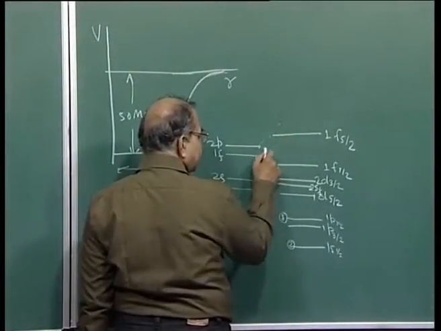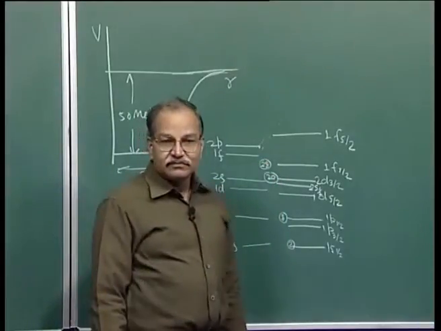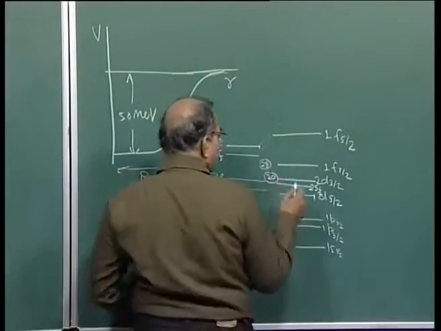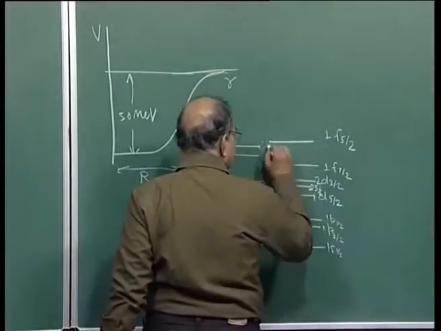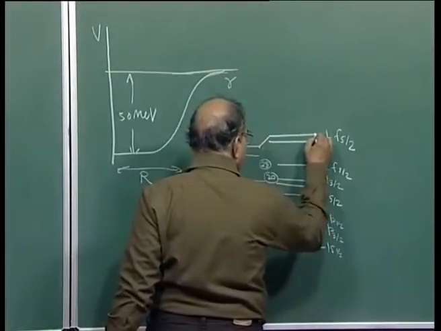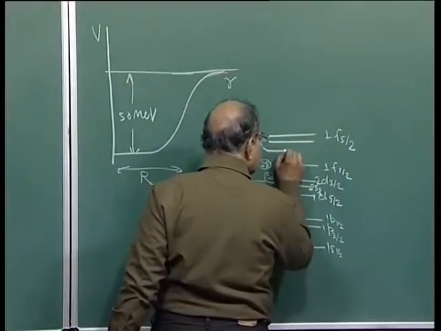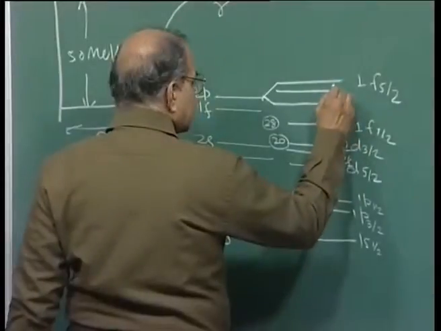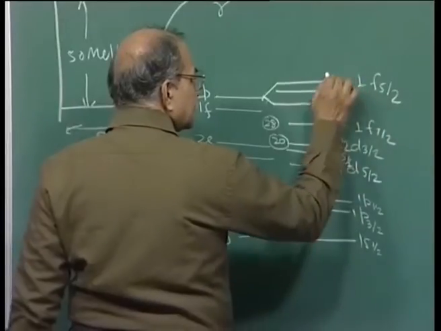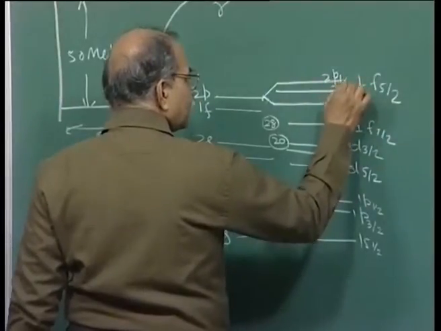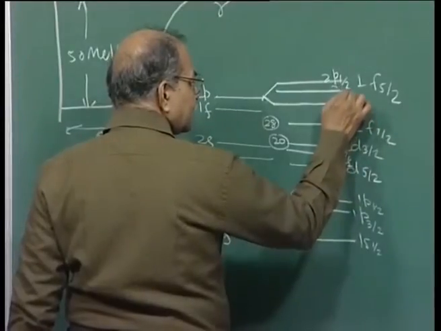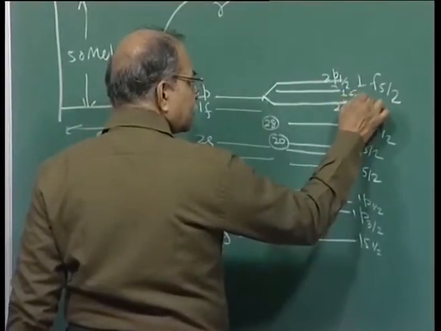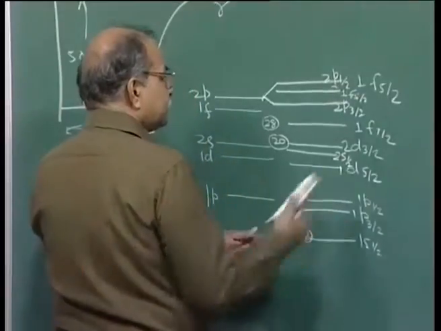F comes between the 2p levels. Okay. So this 2p, let me write it slightly lower, so that when it splits, one level goes here and another level goes here. This is 2p 1 by 2, and this is 2p 3 by 2, and this one is 1f 5 by 2 in between.